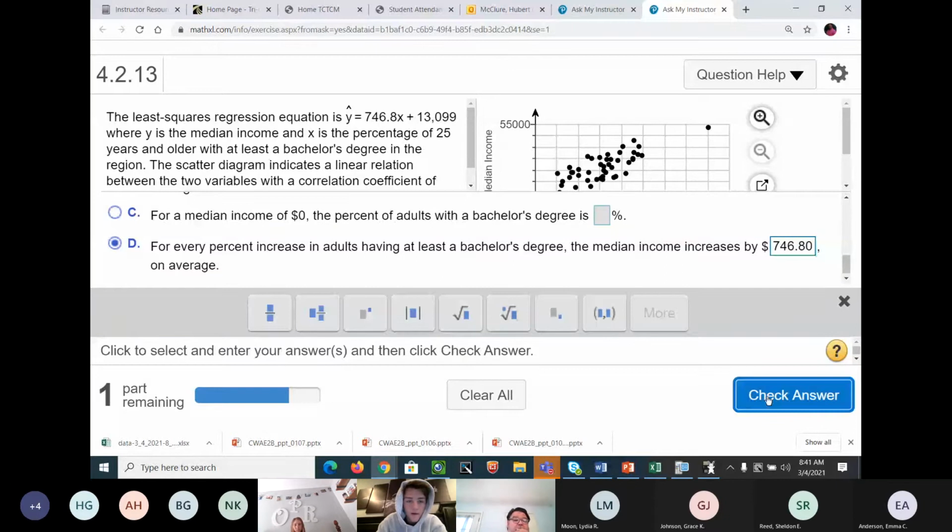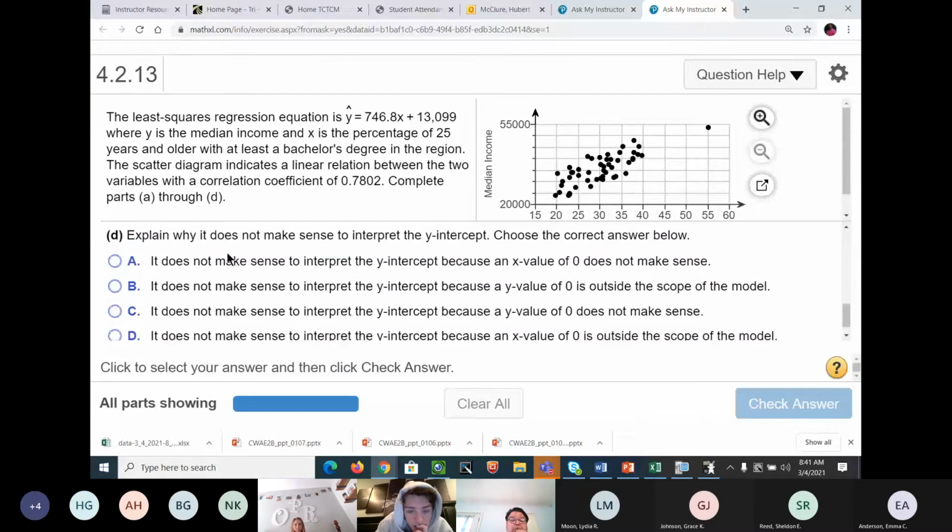Good gosh, how many more parts we got? Explain why it does not make sense to interpret the Y-intercept. Well, the Y-intercept is 13,000, okay? But where is this one ending up? This one is at about 20,000. It's out of the spectrum.